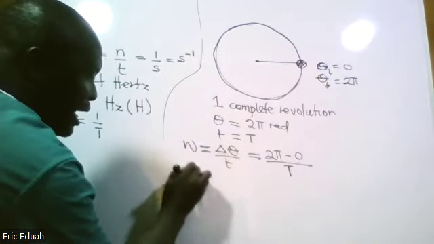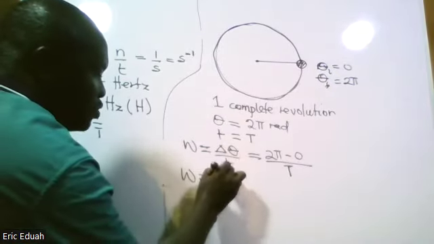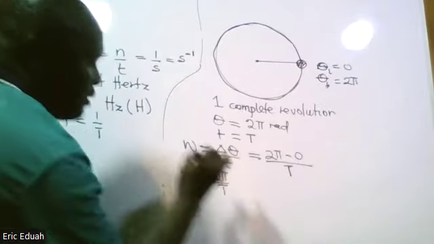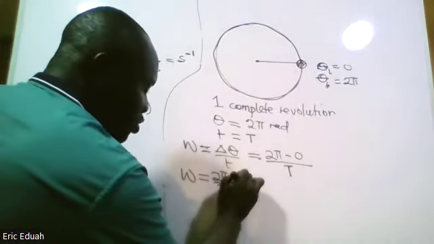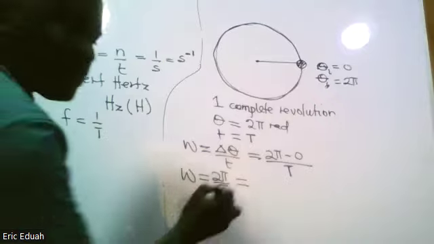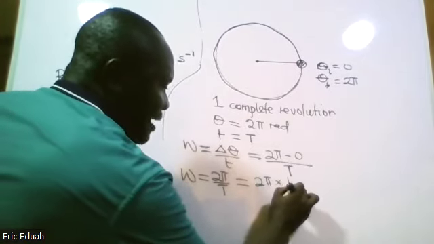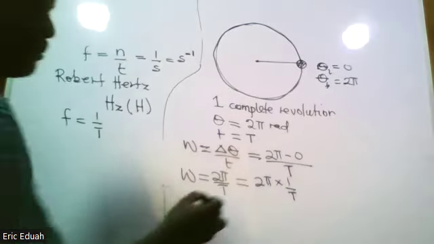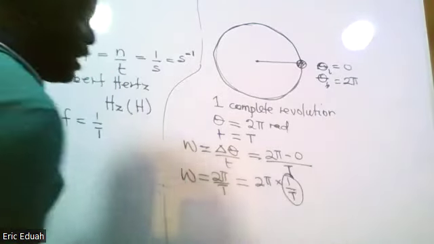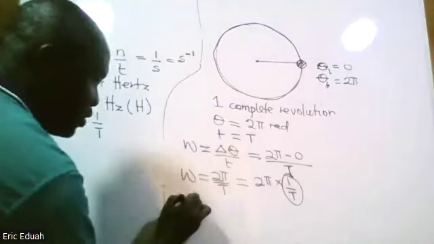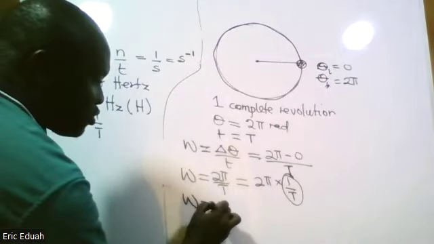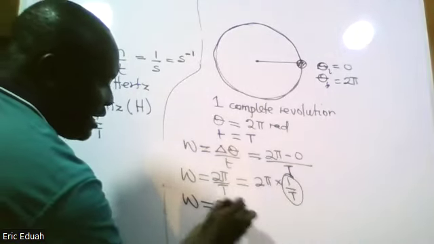Therefore, omega is equal to 2 pi on T. And this is also equal to 2 pi times 1 over T. But we know 1 over T to be f. So we also have omega equal to 2 pi f.